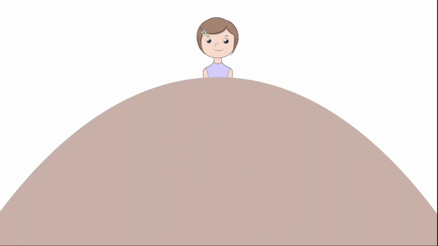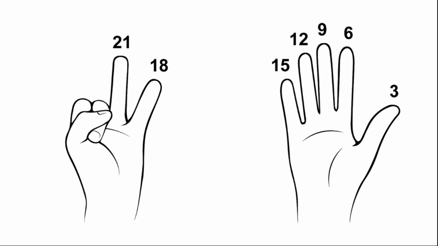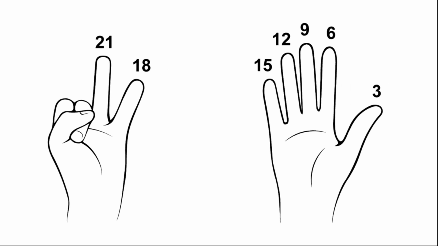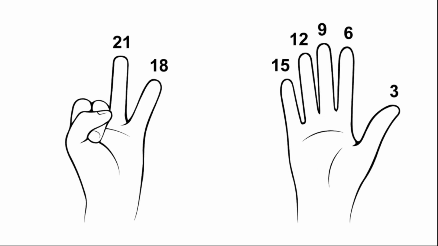Link into the complete multiplication facts table with naming the multiples of 3 and 4 and doubling the answers. Ask, what is 7 threes equal to? She is counting by threes up to 7 fingers. What is 7 sixes equal to? She is counting by threes up to 7 fingers, or 21, and doubling it to get 42.